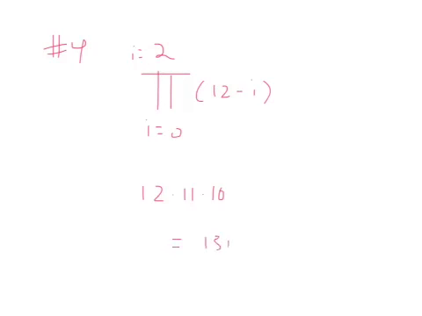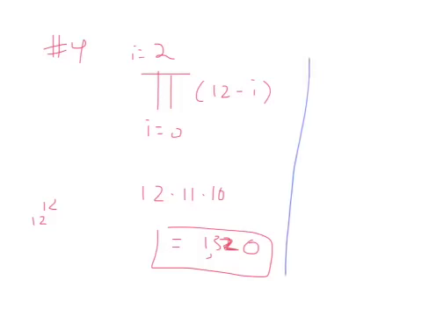Sorry, that should equal 1,320. And this is equivalent to there being 12 things, and the order matters, permutation, and we're choosing 3 of them.